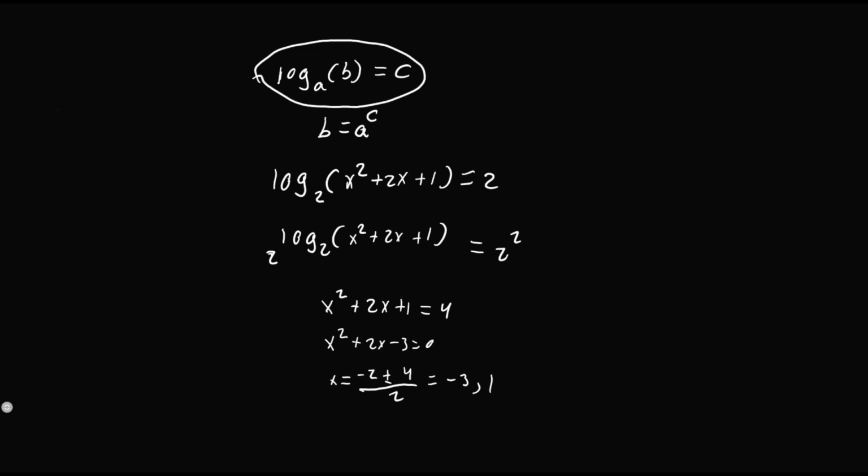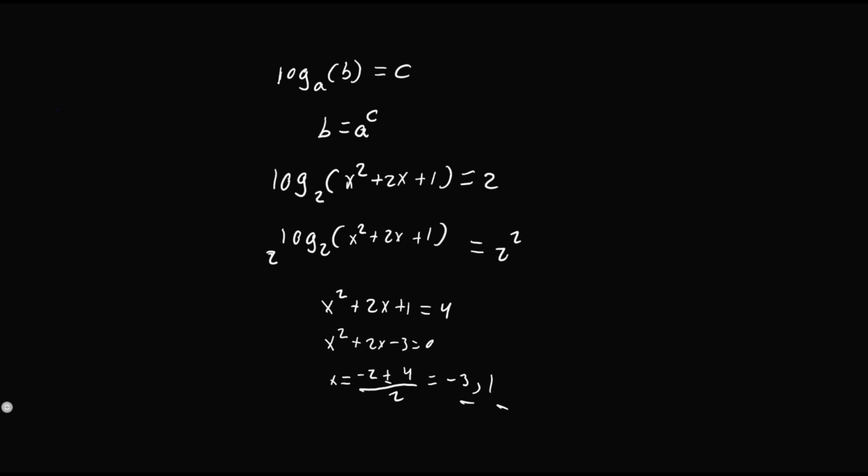We can verify our solutions, since that is how we can tell which is extraneous and which isn't. To do so, we're going to plug in -3 and 1 into our equation.